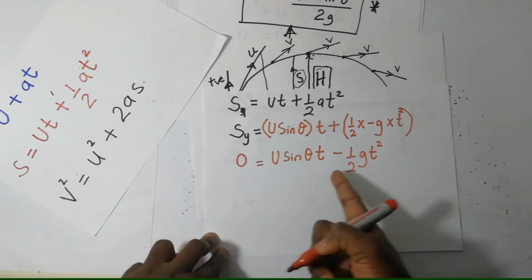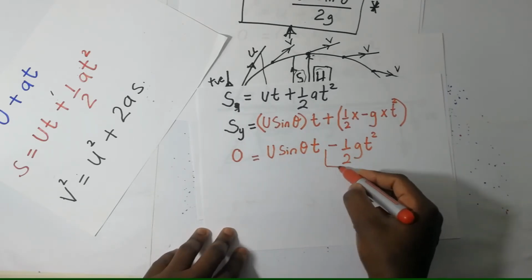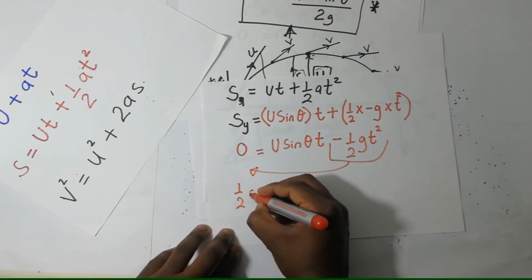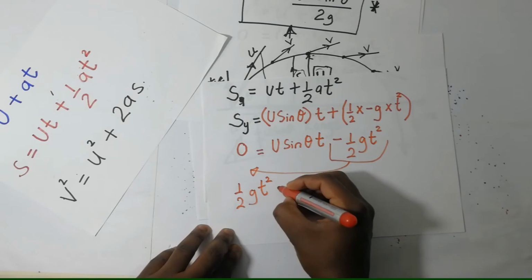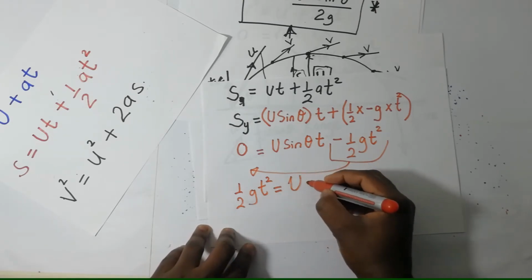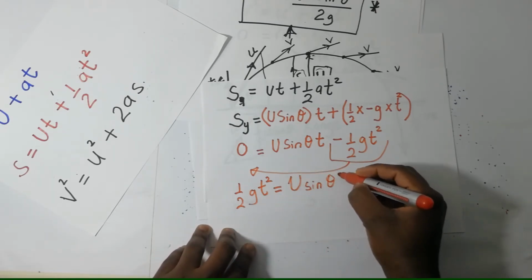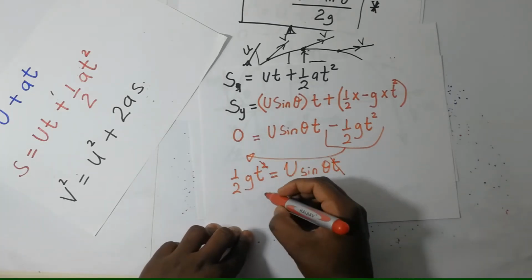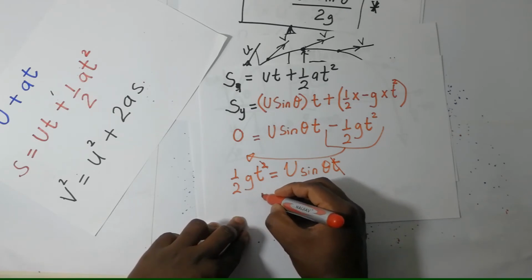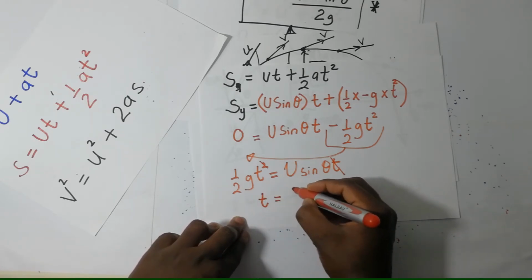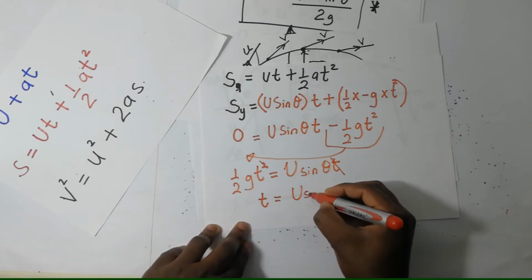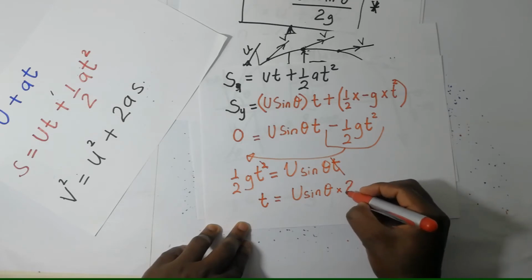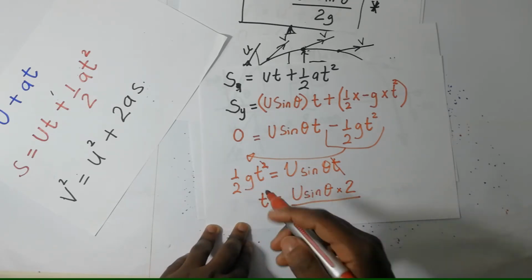So again, from here, a half g t squared is going to be equal to u sine theta t. One of these t's will cancel with one of those. We shall end up with, when we make t the subject of the formula, u sine theta times 2 over g.